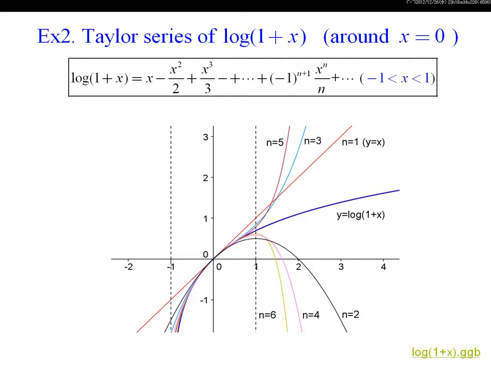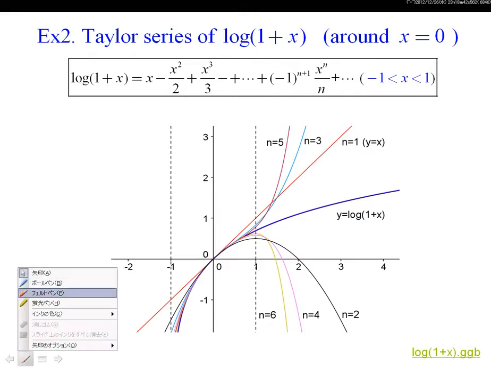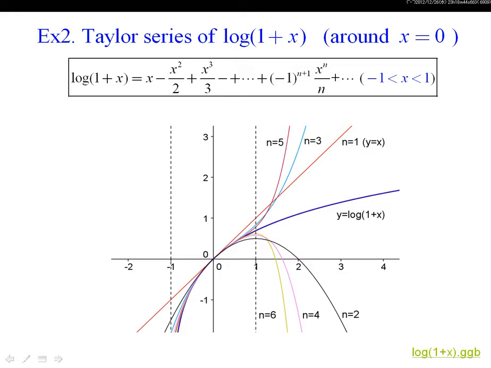The next example, Taylor series of y equals log 1 plus x around x equals 0. There is a big difference here, because log 1 plus x is expressed by this series, but this series converges only from minus 1 to 1.